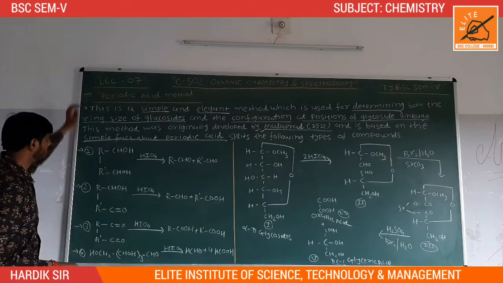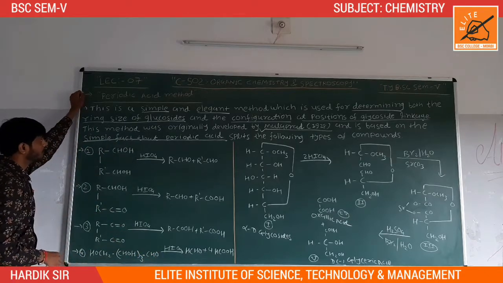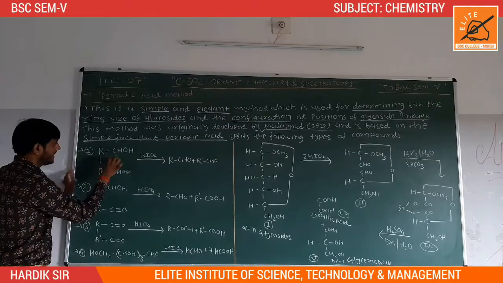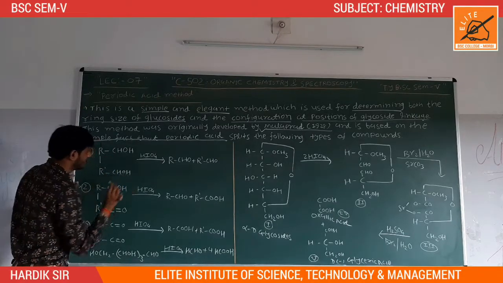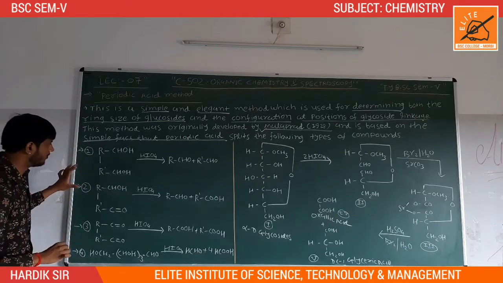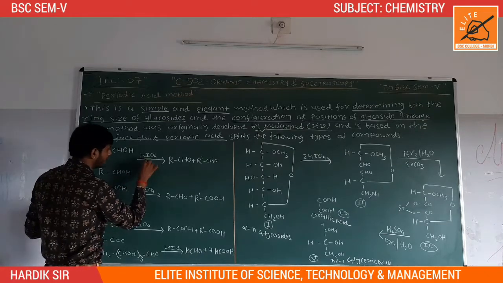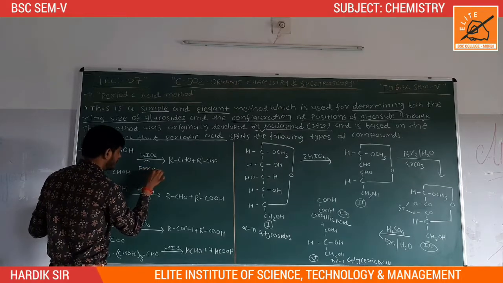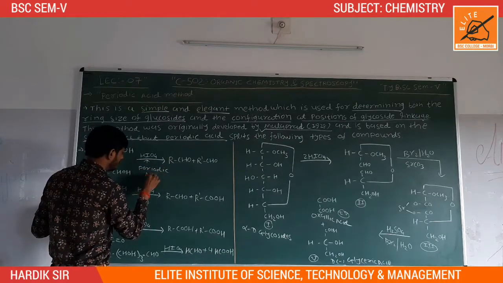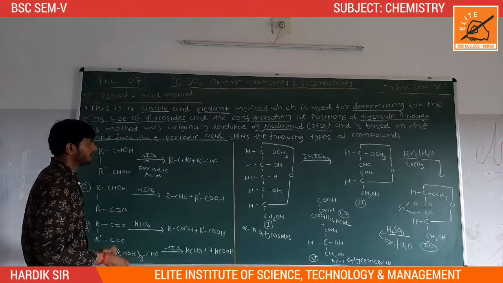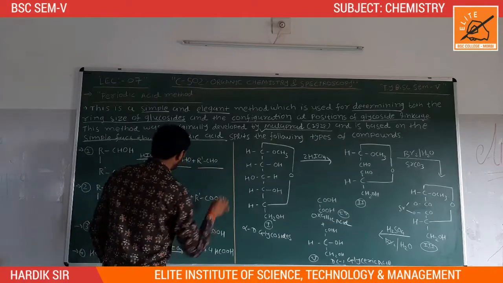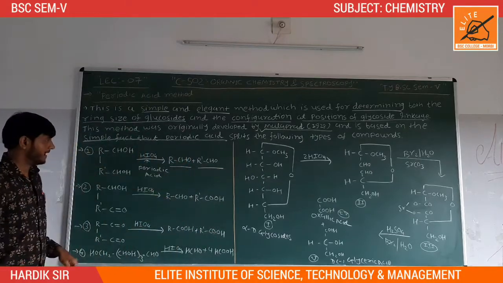Now we will learn about examples of the periodic acid method. This is the first compound: R-CHOH and R-CHOH, a simple type of alcohol, reacted with periodic acid, forming two aldehydes.